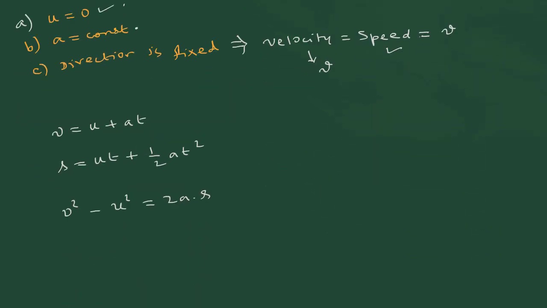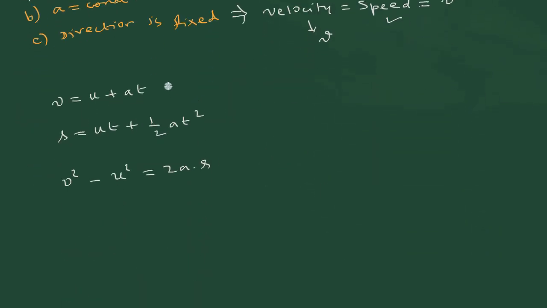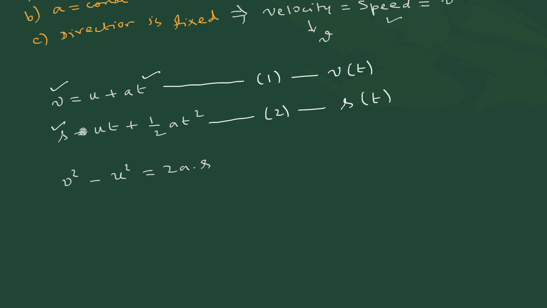Therefore you have to search which is the suitable equation. If you choose equation number 1, I can plot velocity as a function of time, because velocity is here, time is here. If you choose the second equation, then I can plot the distance as a function of time. Distance is this, time is here. You remember, s is not the speed, s is the distance.